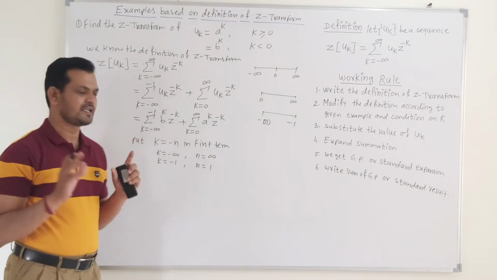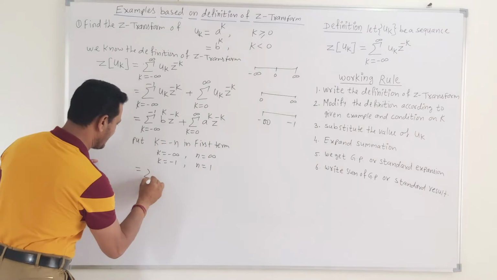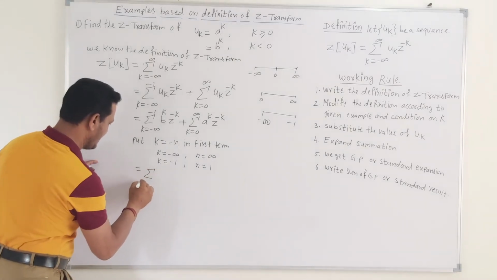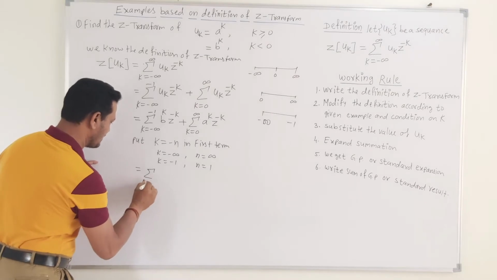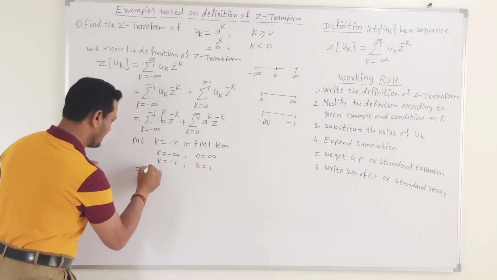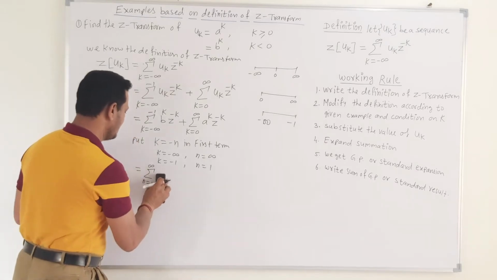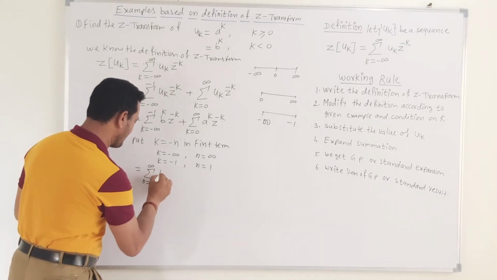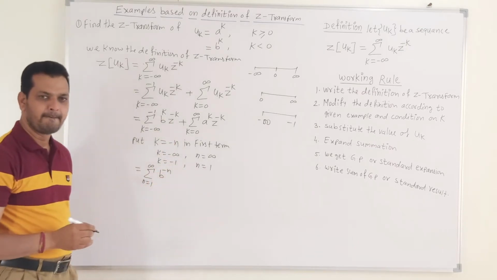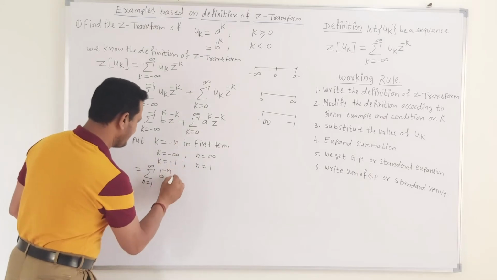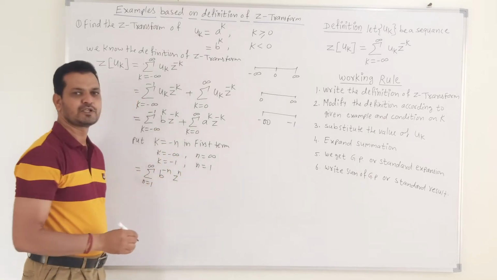Friends, please try to understand that after putting k equal to minus n, this summation becomes the summation over n, where n goes from 1 to infinity. Then this is b raised to k, where k is minus n, so we can write this as b raised to minus n. Then z raised to minus k becomes z raised to n.